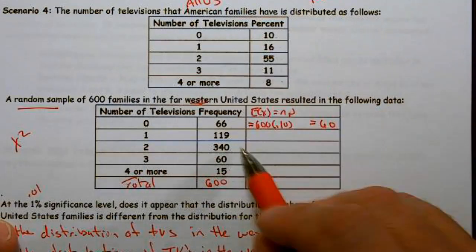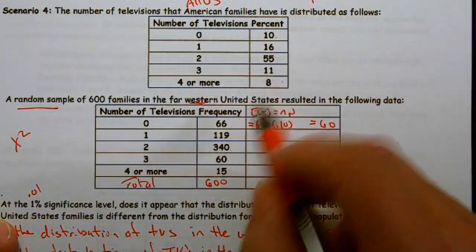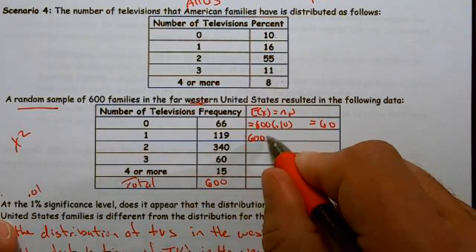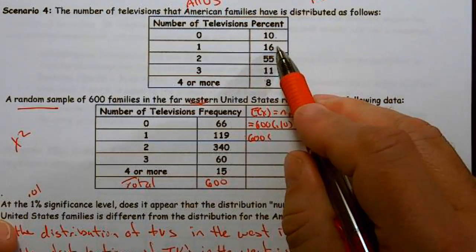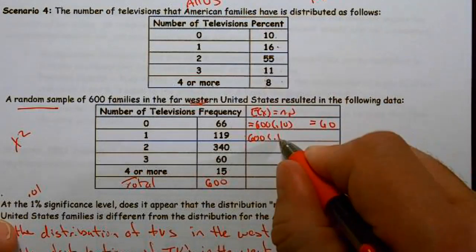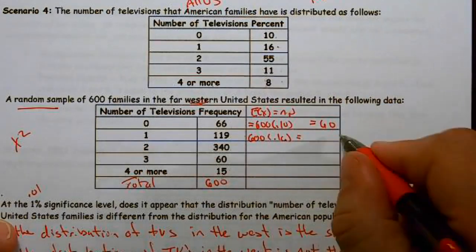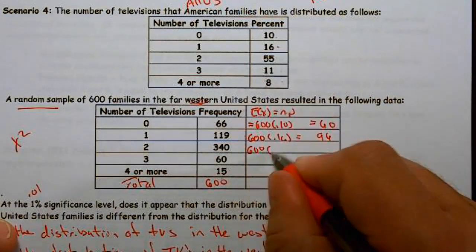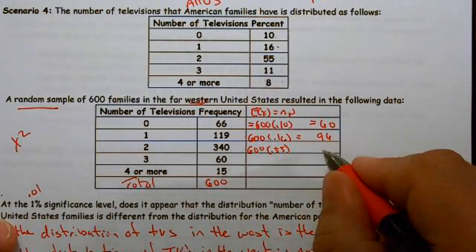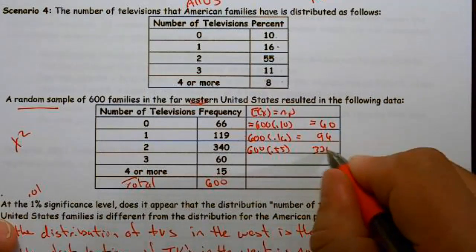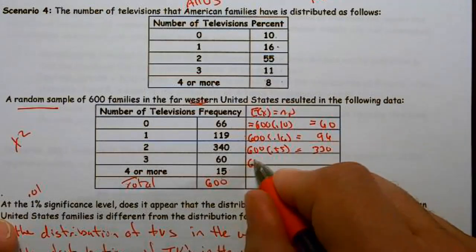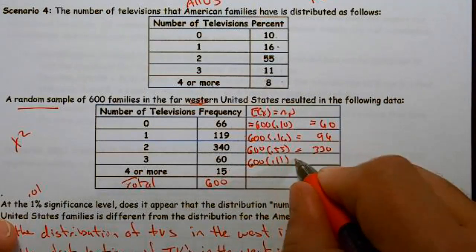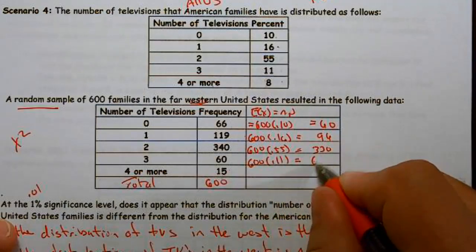And then here, it's going to be 600 because our n is the same, but our percent is 0.16. So I expect there to be 96. Then 600 times 0.55. So I would expect there to be 330. 600 times 0.11, so I would expect there to be 66.